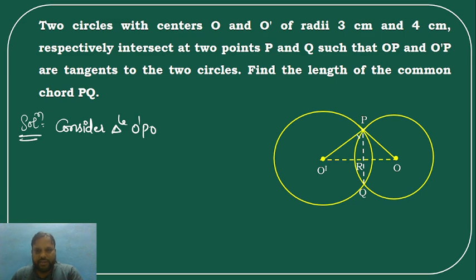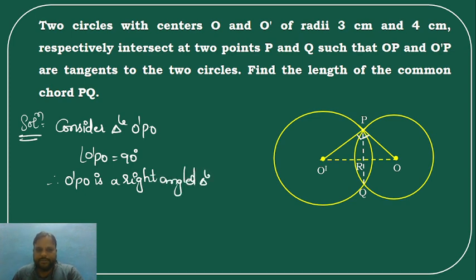So here, at this point, the angle formed will be 90 degrees, right? Radius is perpendicular to the tangent at the point of contact. So I can write that angle O dash PO equals 90 degrees. If that is the case, then O dash PO becomes a right angled triangle.